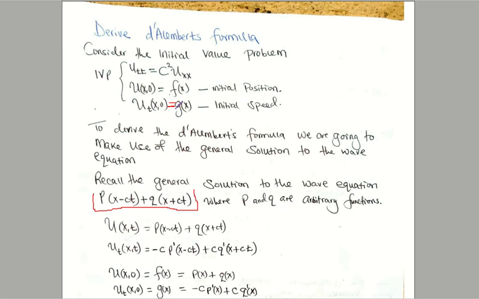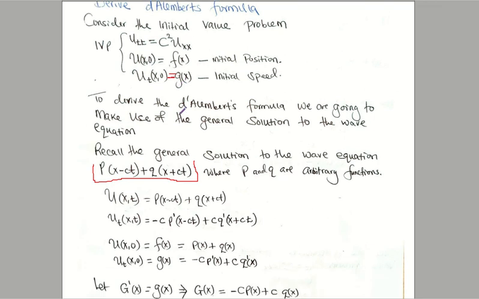Now, we derived the general solution to the wave equation to be a function p of x minus ct plus q of x plus ct, where p and q are just arbitrary functions. And now we have the solution to the wave equation, u(x,t) equals p(x minus ct) plus q(x plus ct).